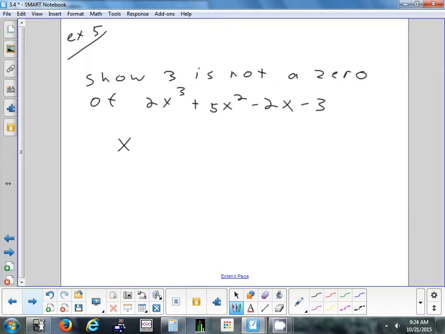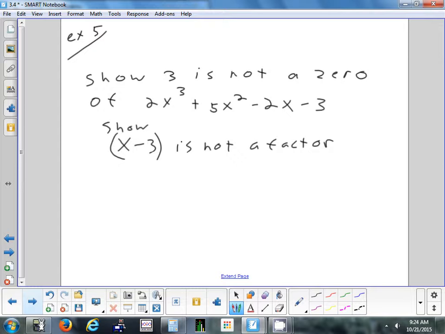So now, instead of showing 3 is not a root, you could show this is not a factor. It's the same thing. And how do you show this is not a factor? Divide it in and hope that what happens? It's not 0. Hope you don't get a 0 remainder. Yep, because we're showing it's not a factor.